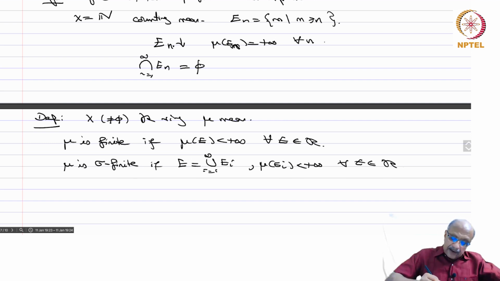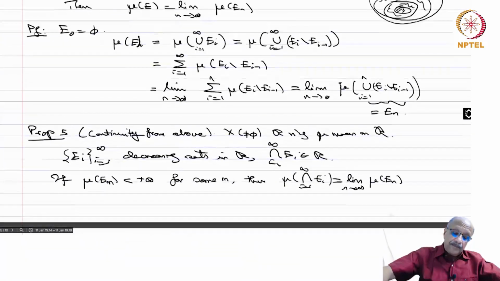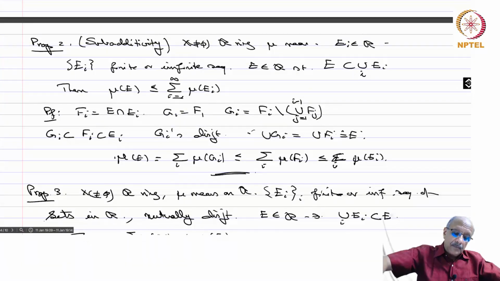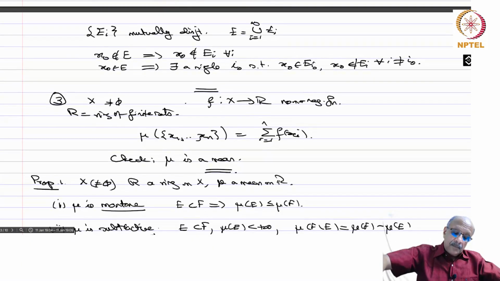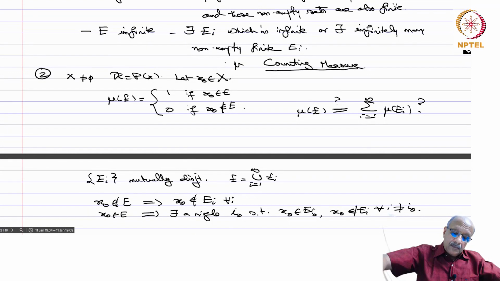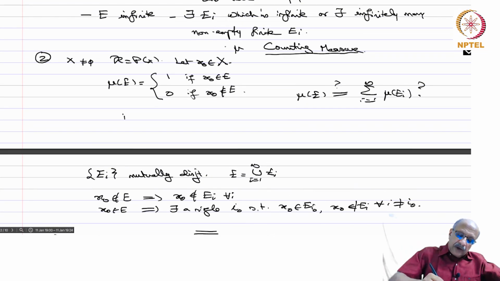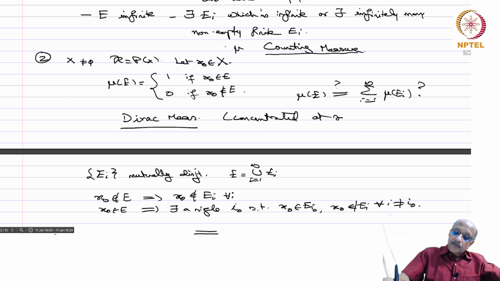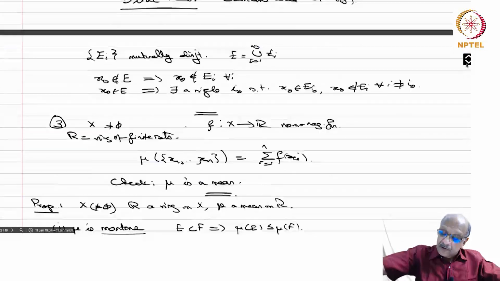So if you take the Dirac measure, I don't know if I mentioned the name. This measure is called the Dirac measure, concentrated at x naught, and that is of course a finite measure.